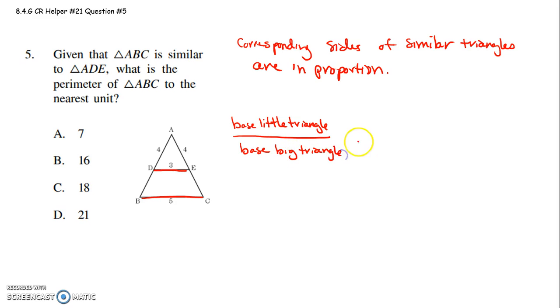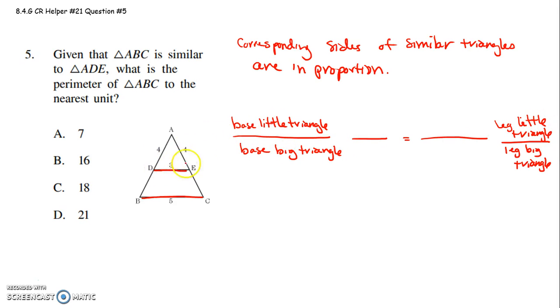I'm going to go little to little, big to big. So if I'm putting little on top here, I got to put little on top here. So then I'll call it the leg of my little triangle to the leg of my big triangle. So here I did little to big, here I did little to big.